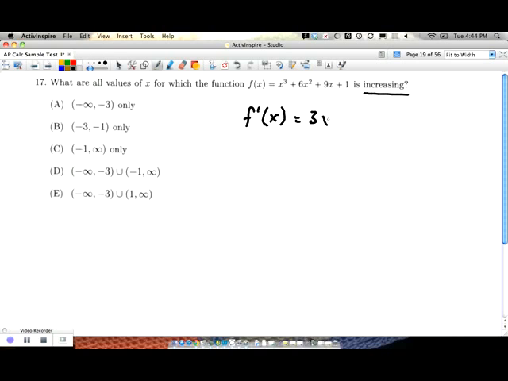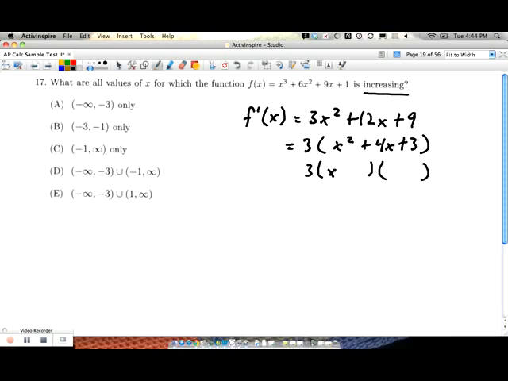It's going to be 3x squared plus 12x plus 9. If I were to factor that, I could factor out a 3. I'd be left with x squared plus 4x plus 3. I could factor that even further. So 3 times x plus 3, x plus 1.